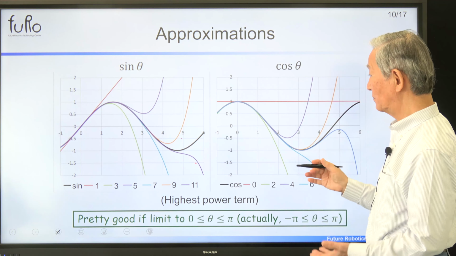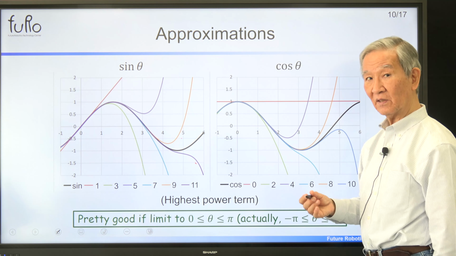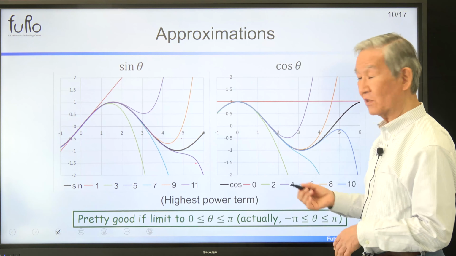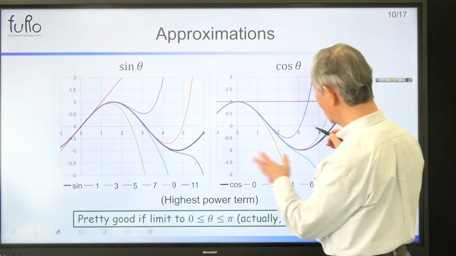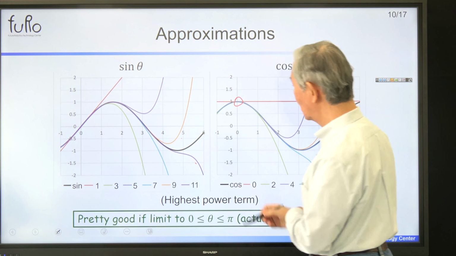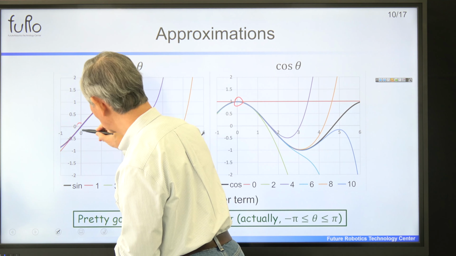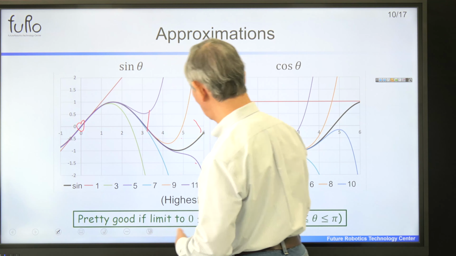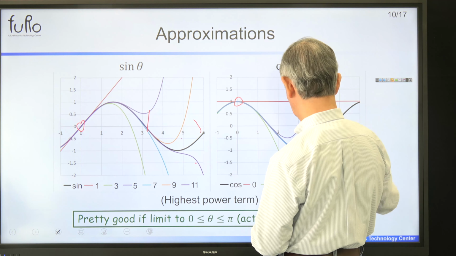Those approximations are good around this point, 0, right? And probably good up to somewhere around here, pi.